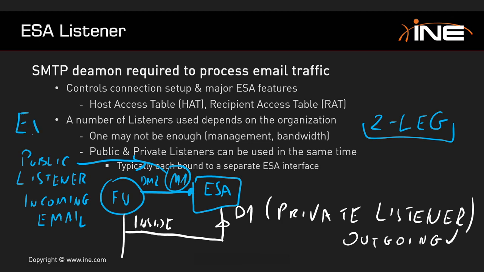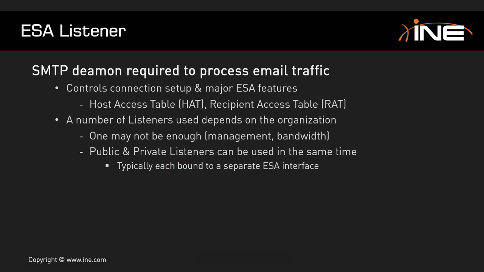So your IDS IPS firewall will require a less complex configuration. It's essentially slightly easier to manage a design like that, and it also makes the whole ESA config easier to read and follow. But I'm not saying that a one listener design is bad. At the end of the day, it will all depend on the design of the network and on your requirements.